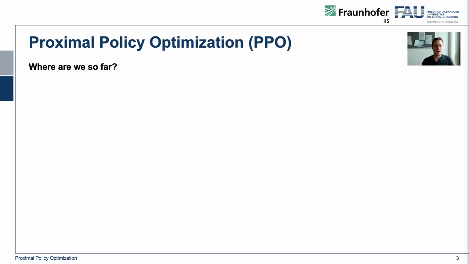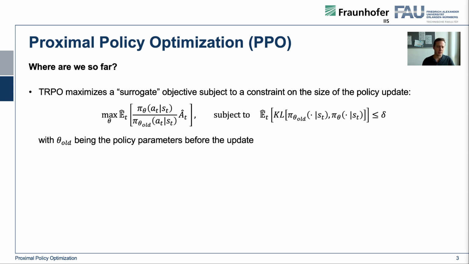Okay, where are we so far? In the last video, we introduced TRPO, which maximizes a surrogate objective subject to a constraint on the size of the policy update.